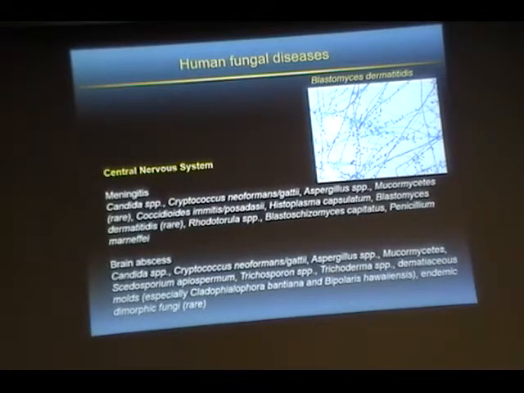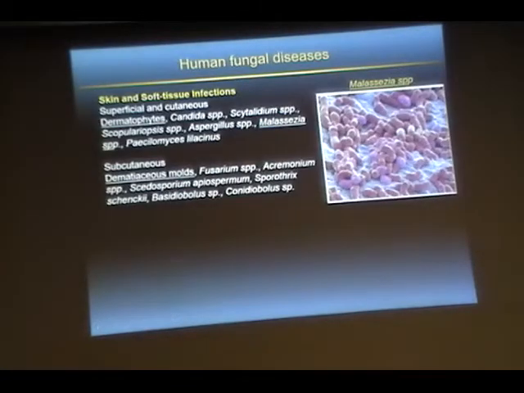Some bacteria can cause bacterial meningitis, but now it's known that even fungi can cause meningitis, and the most common species are Cryptococcus, Aspergillus, and Candida. That happens again during hospitalization, corticosteroid intake and antibiotics intake, and they can also lead to brain abscesses.